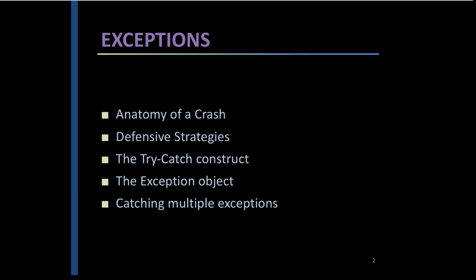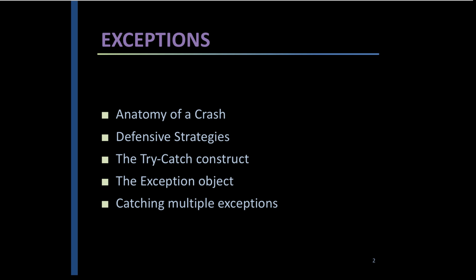And then the three other points, we'll talk about handling them in Java, and I'll do that through an example. Interestingly, in Java, the handling of exceptions is done in an object-oriented manner.